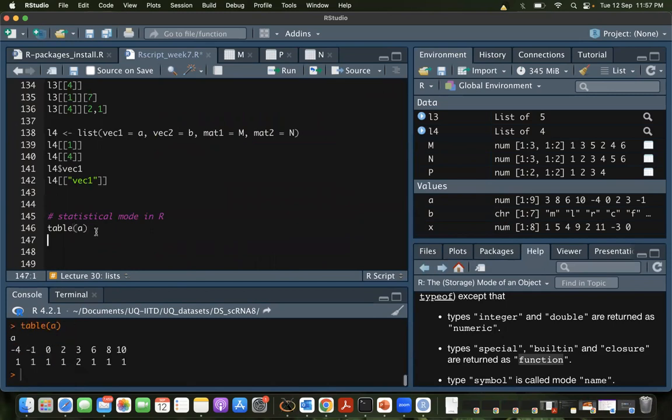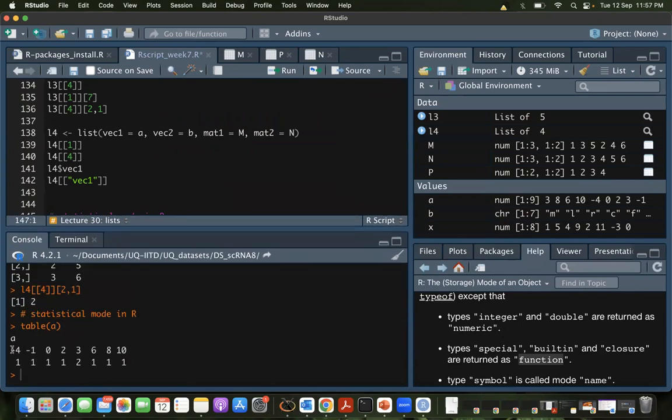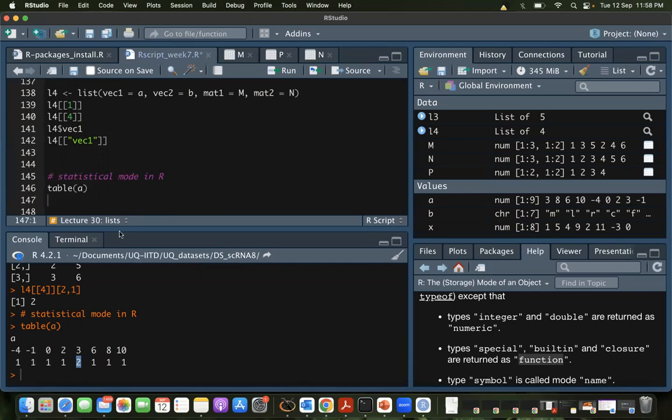If I write table A, it's telling me -4 is one of the elements, it's coming 1 time, -1 comes 1 time, and 3 comes 2 times. So looking at the table, you can see that out of all the elements, 2 is the maximum, and this is for number 3. So here, the mode is going to be number 3.